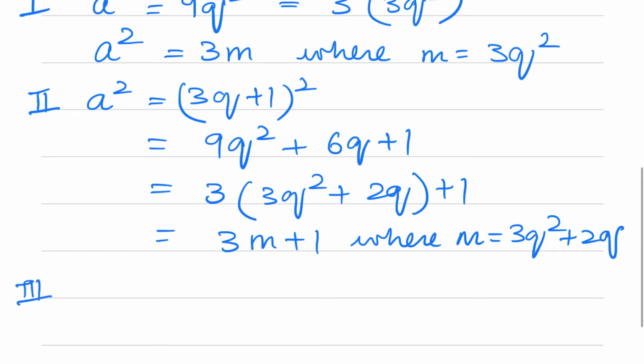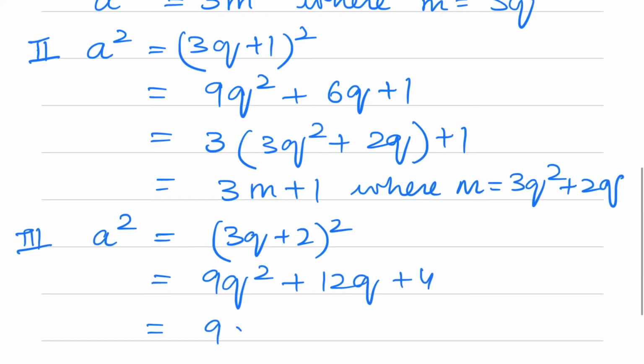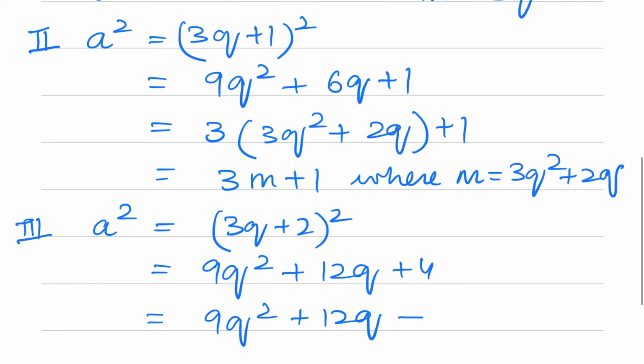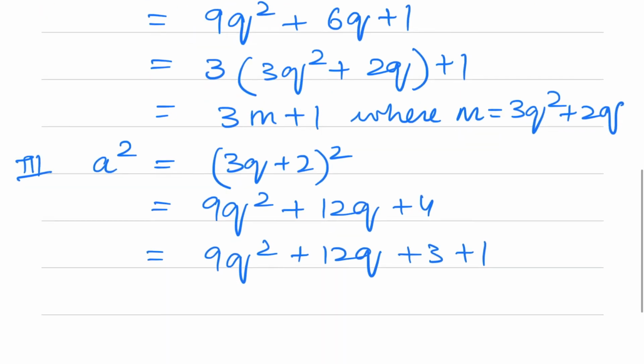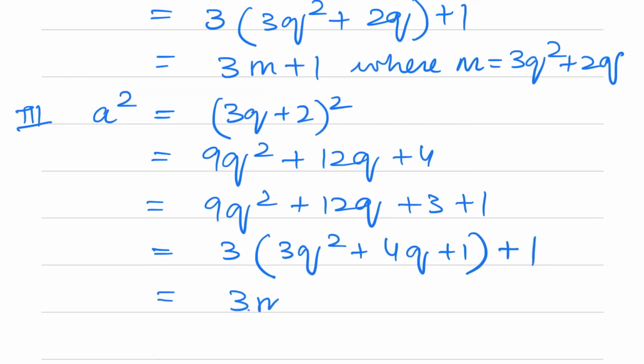Now in the third case, a square is equal to 3q plus 2 whole square. This is 9q square plus 12q plus 4, and this I can write as 9q square plus 12q plus 3, plus 1, because I can take 3 common now. So 3 into 3q square plus 4q plus 1, and plus 1 outside. This I can write as 3m plus 1, where m is equal to 3q square plus 4q plus 1.